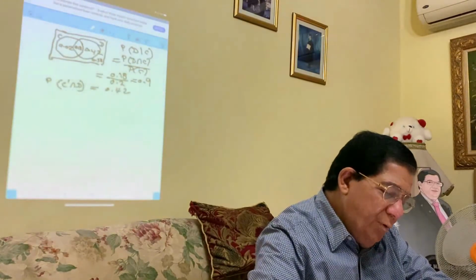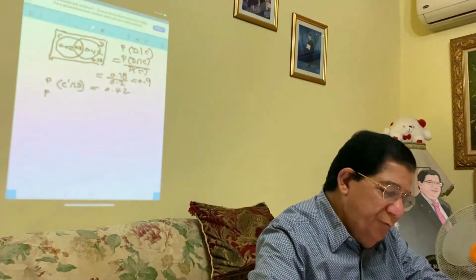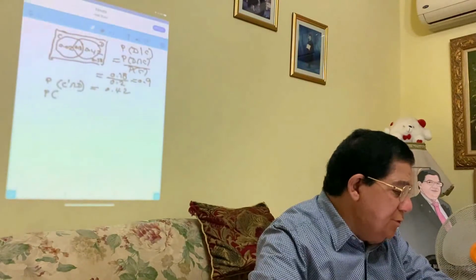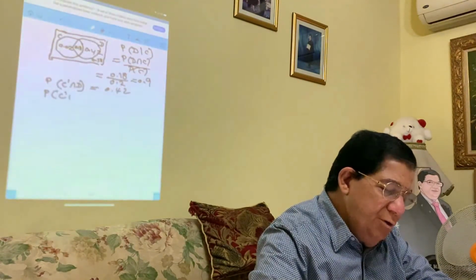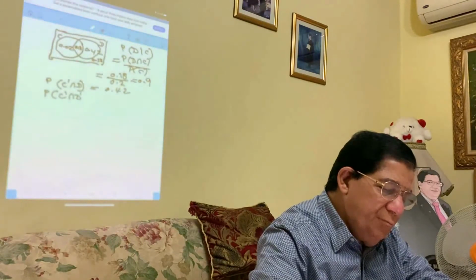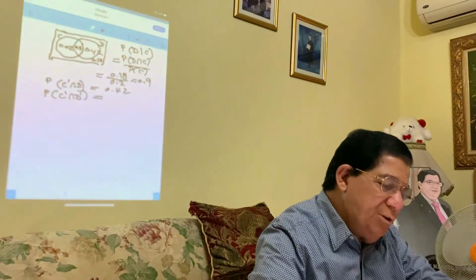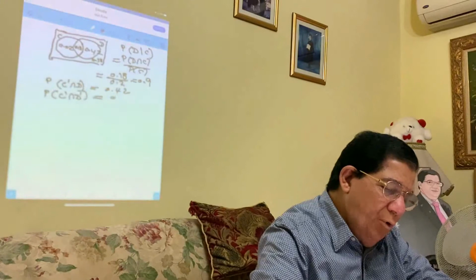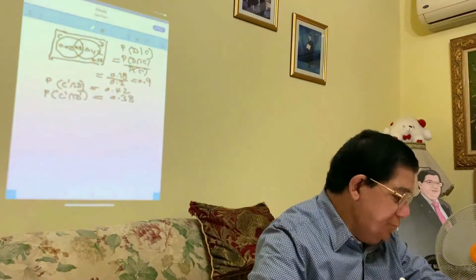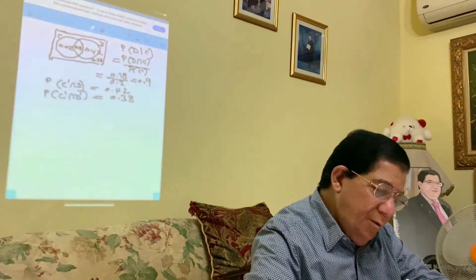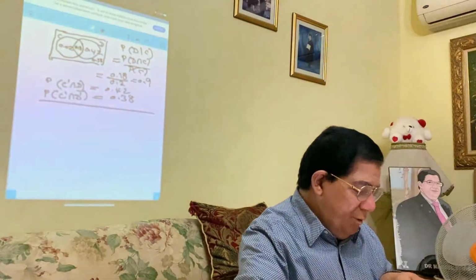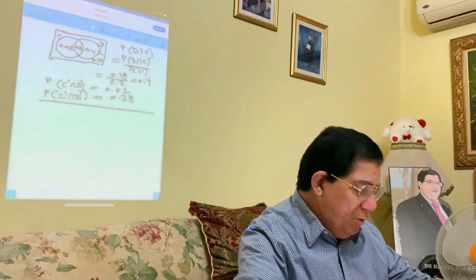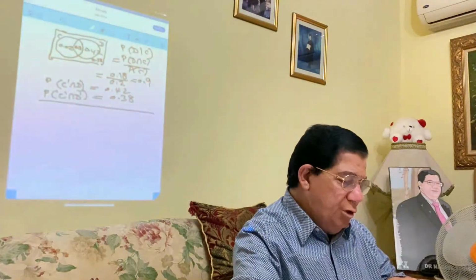We can have a question of the probability of C dash intersection D dash. It means the area outside C and outside D, 0.38. Right. This is what we call conditional probability.